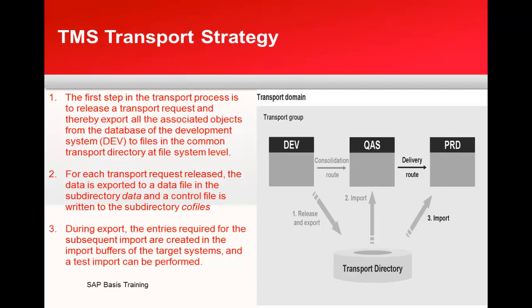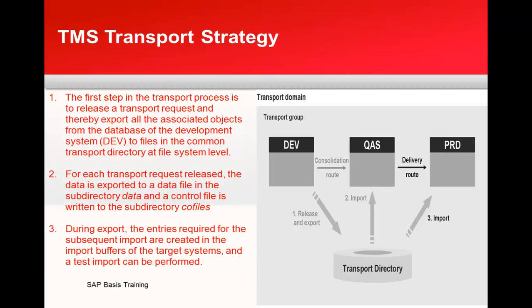The first step in the transport process is to release a transport request and thereby export all the associated objects from the database of the development system to files in the common transport directory at the OS level.